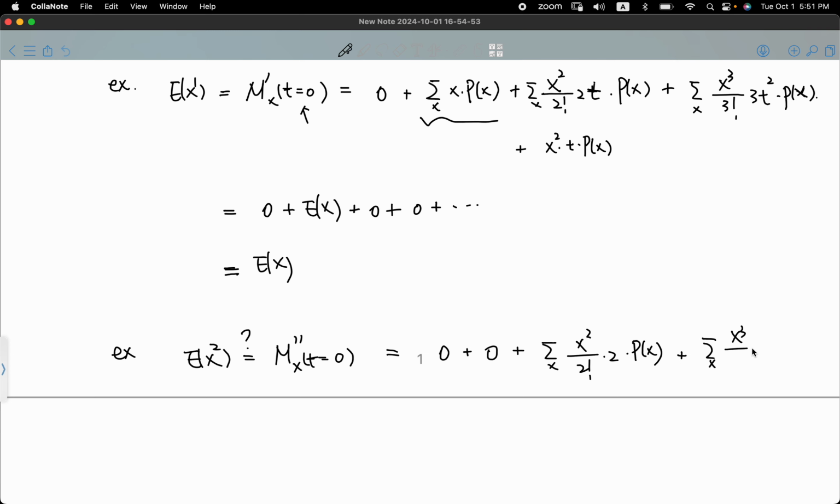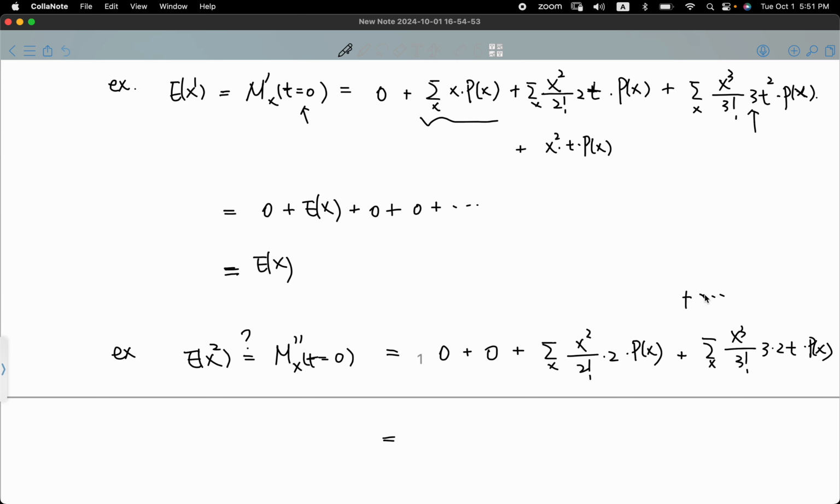So these can be considered as constants. And you also have a 3 here. The 3 is coming from your first order derivative. So now you want to take another derivative. What is the derivative of t squared here? Times 2 times t. And then px, right? Okay. And then don't forget this is an infinite sum.